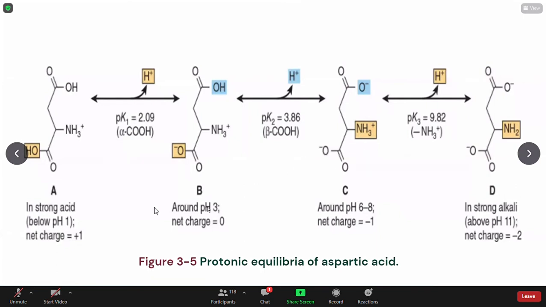The pH at which you have a 0 charge, we call the PI, isoionic pH, where the amino acid has a 0 net charge.